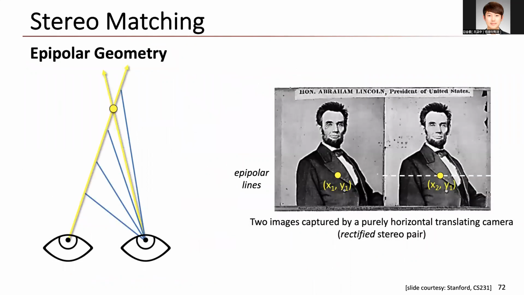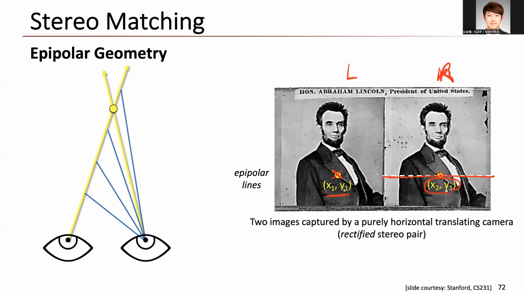So, in other words, the stereo matching aims to, given one point in the left image, here's left, right, x1, y1, on the epipolar line, find the corresponding pixel x2, y1. There's no difference in the y-axis because this is a stereo matching problem.